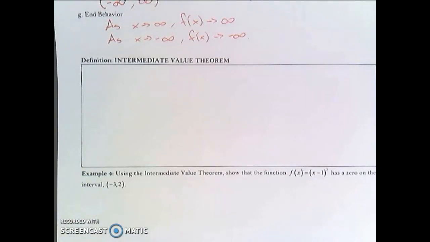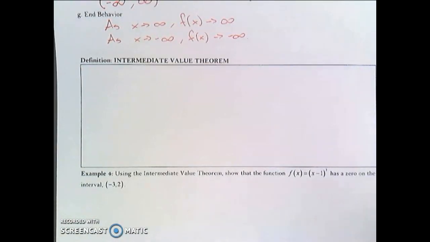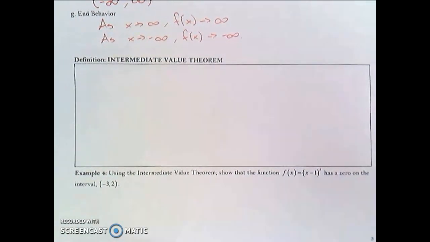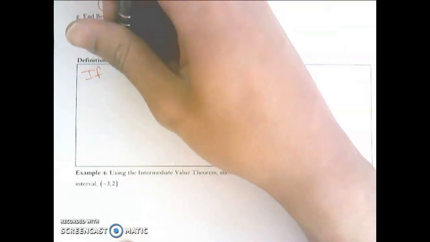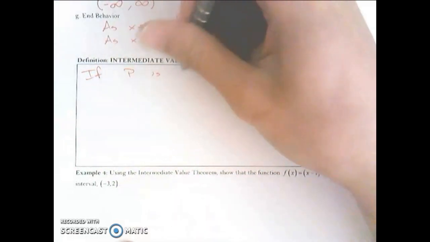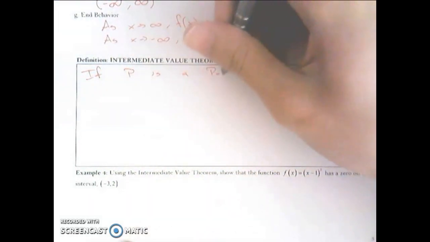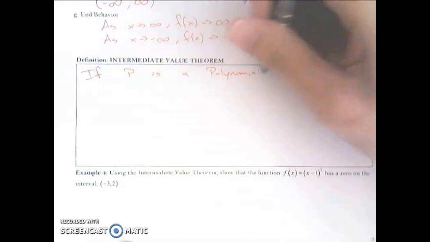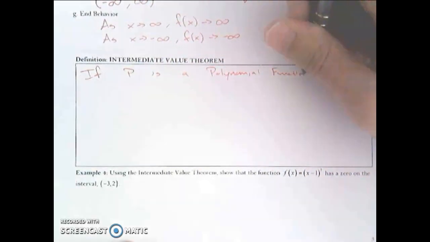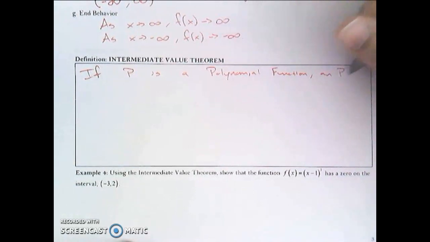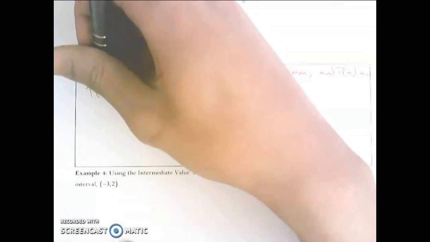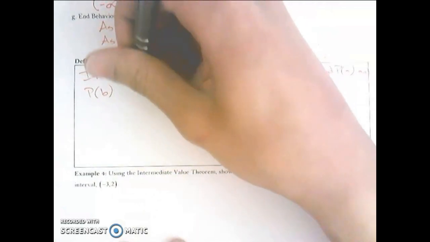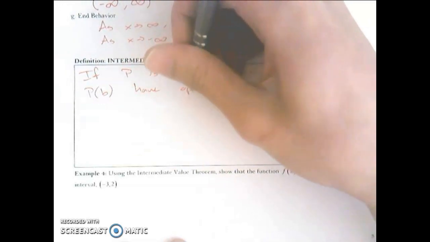The last thing that I want to talk about today is the intermediate value theorem. Just a quick little theorem. What the intermediate value theorem says is that if p is a polynomial function, and p of a and p of b, so those are two x values, a and b, say they have opposite signs.